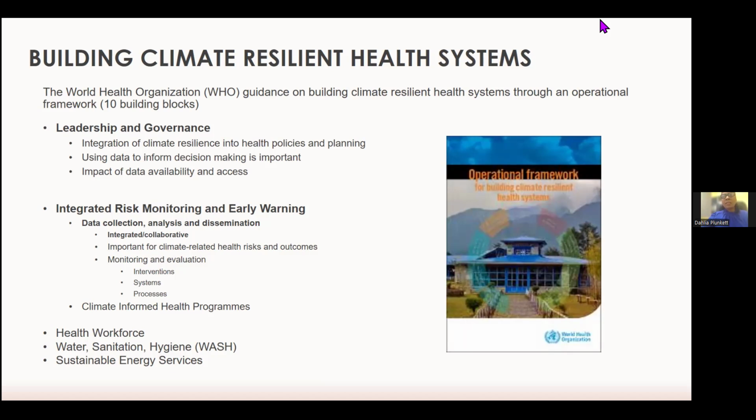And this can be done in several ways. It can be in a totally integrated manner or just collaborative. There is a little difference between the two. But it allows us to recognize the importance of climate-related health risk and their outcomes, and also for the monitoring and evaluation of our interventions and the systems that we have in place, our data systems and data processes.